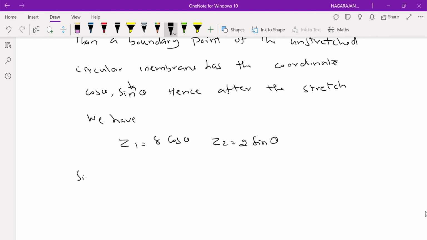Since cos squared theta plus sin squared theta is equal to 1, squaring and adding on both sides, z1 squared by 8 squared plus z2 squared by 2 squared equal to 1.